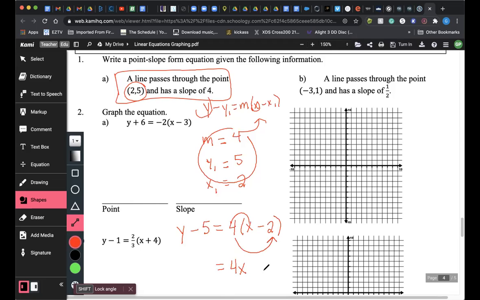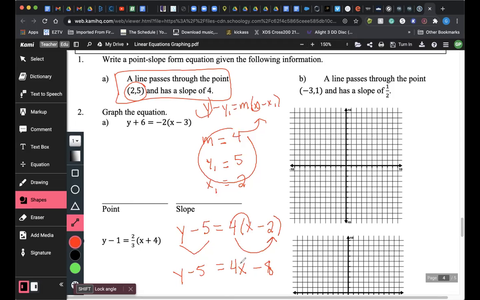What's 4 times negative 2? Negative 8. Good. So I have 4x minus 8. Very good. Now I'm just going to bring down the left side of my equation. And now my final step is just going to be to add 5 to both sides.